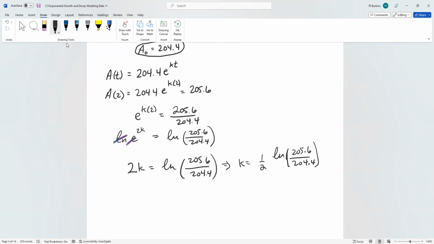And again, let's get an approximation for this. So I have 1/2 natural log 205.6 divided by 204.4, and then times 1/2, and I get k is approximately 0.0029. Let's go one more digit, 0.00293.